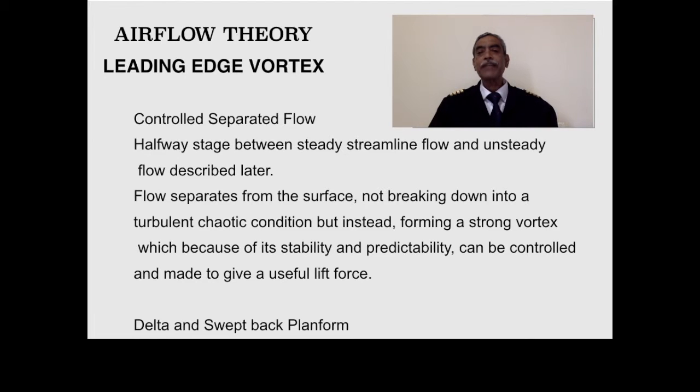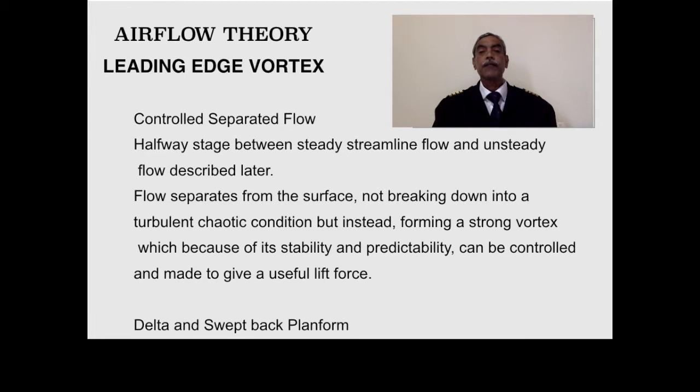The flow separates from the surface, but it doesn't break down into a turbulent or chaotic condition, but instead forms a strong vortex which, because of its stability and predictability, can be controlled, and it is made to give very useful lift force in some wing platforms such as delta and swept back platforms. These are very useful in high speed flights.